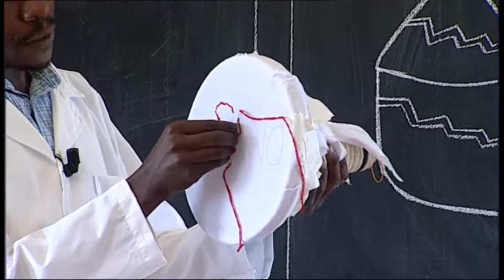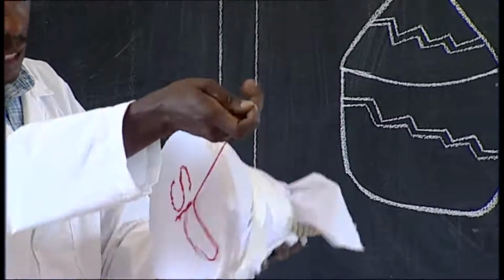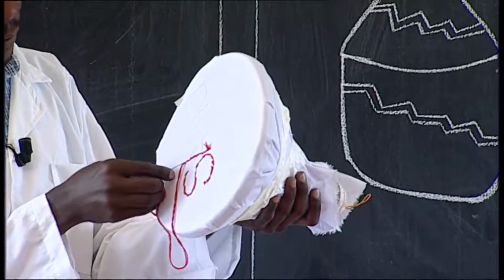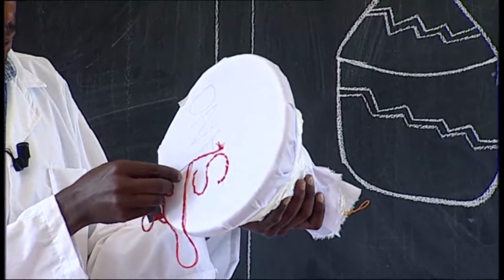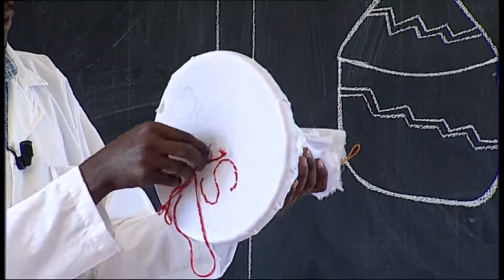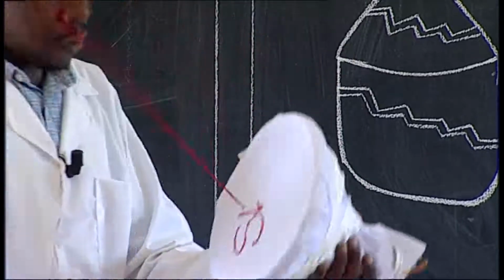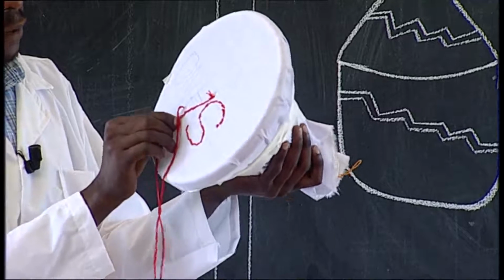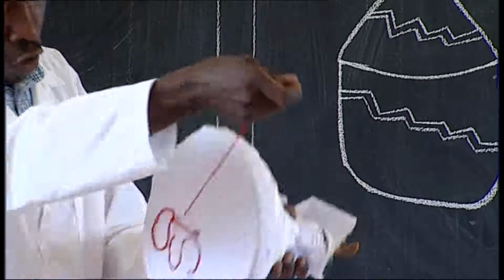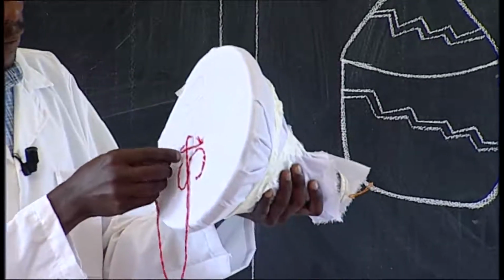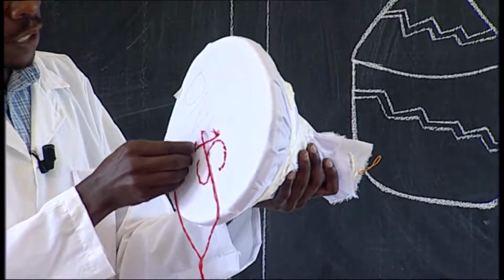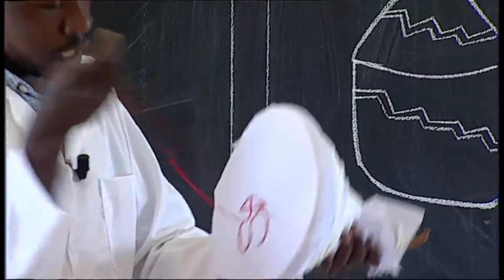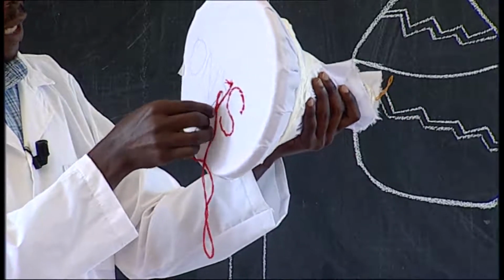Don't worry, I have increased my speed so that you can finish quickly. Then you move down like this. Embroidery, making different designs on a piece of cloth using your needle and a thread.